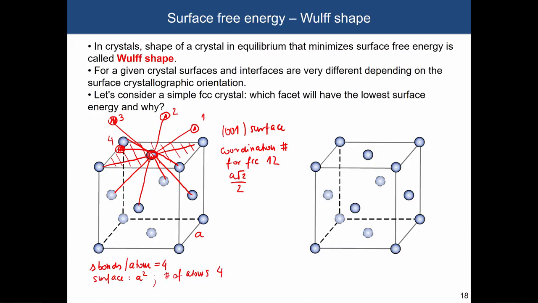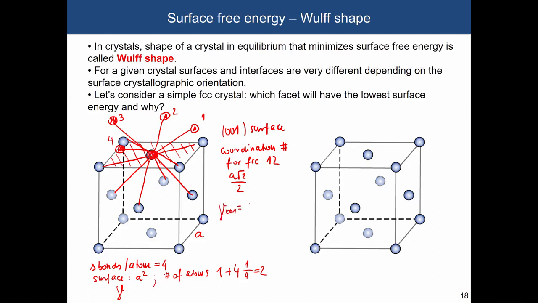We have 1 atom in the center that contributes to this particular area, plus 4 atoms in the corner, each contributing 1/4, which is a total of 2 atoms. So we have 2 atoms per surface area of a squared, and each atom has 4 broken bonds. So in principle, I can calculate the surface energy for this particular plane, the 001 plane.